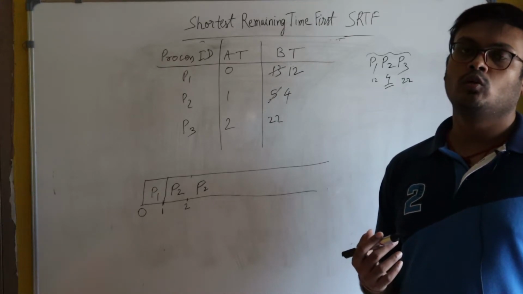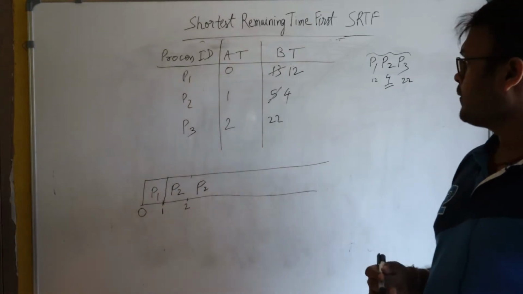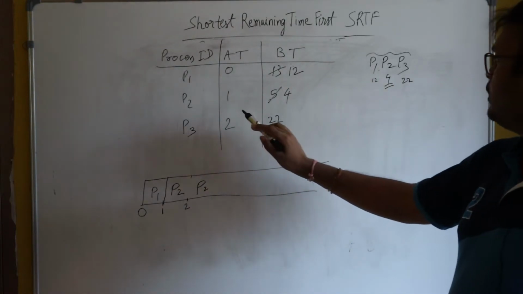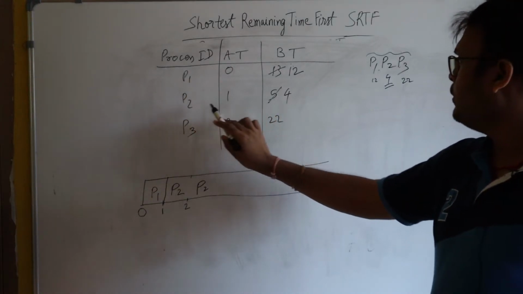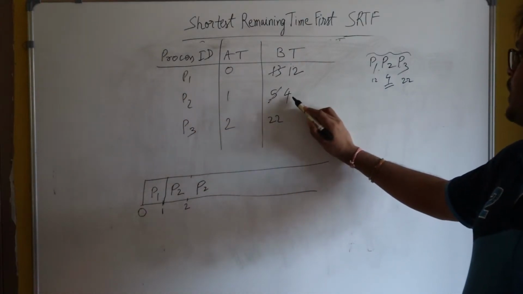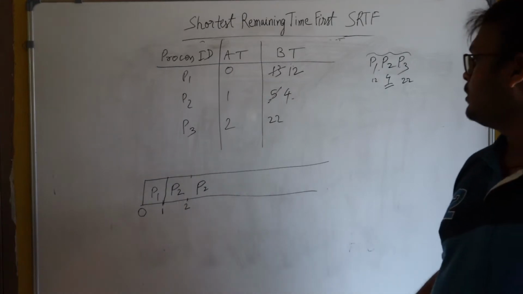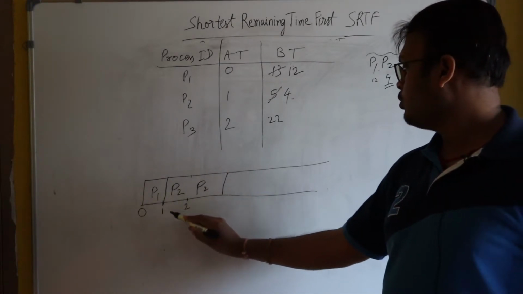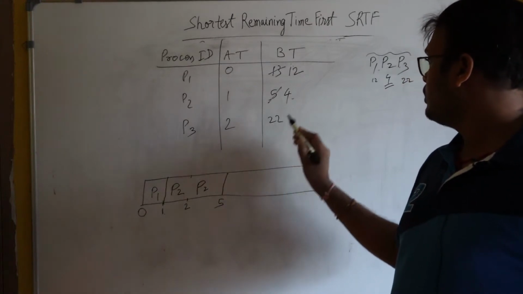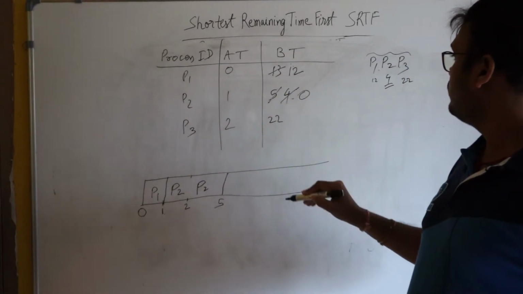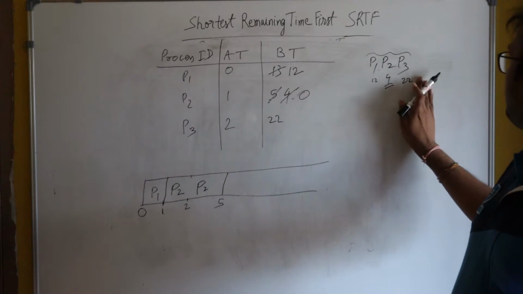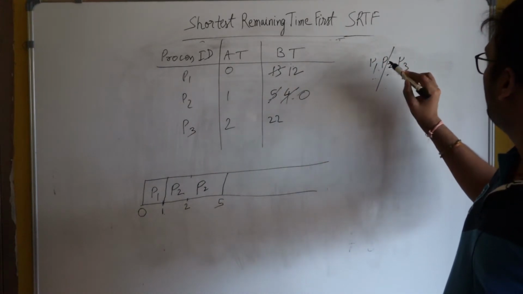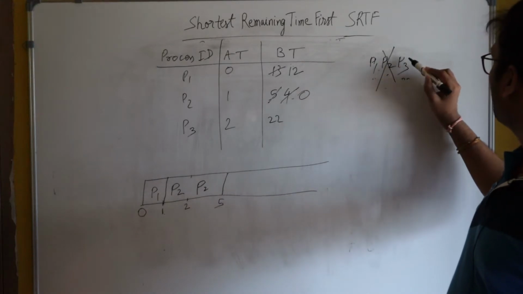So we can execute P2 fully. How much time is left for P2? 4 seconds. So 1 plus 4, 5. The job of P2 is done, so we can remove P2.